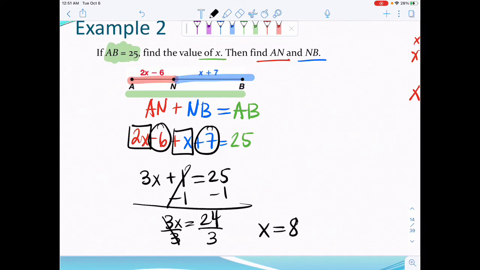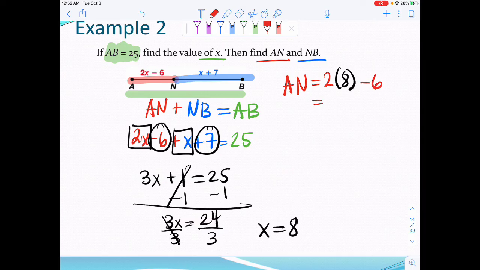Again, you were supposed to find the other information. What other information? Well, AN. And AN is equal to 2 times x, which is 8. We found that information. We were supposed to simply plug the information in. Minus 6.